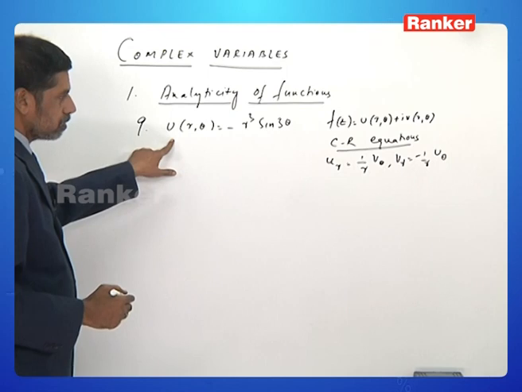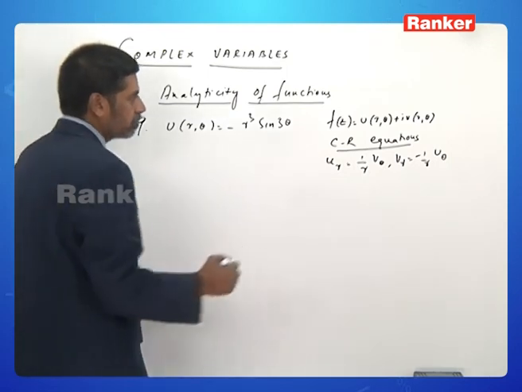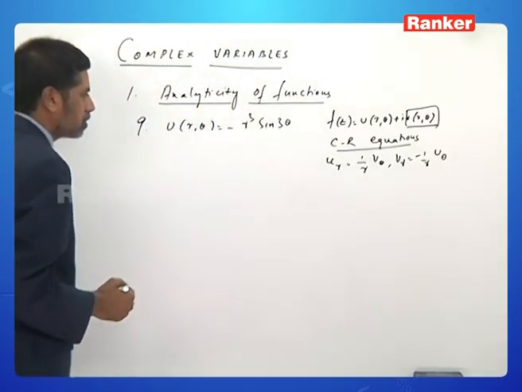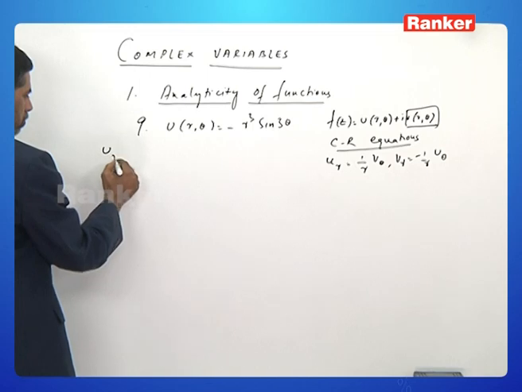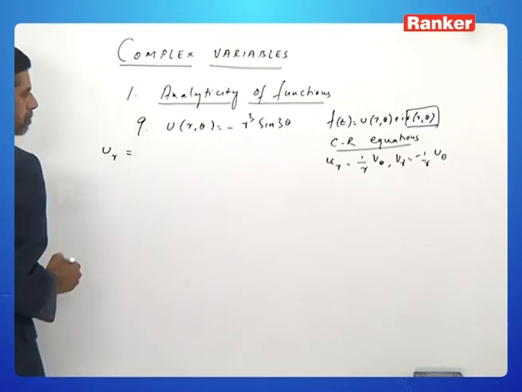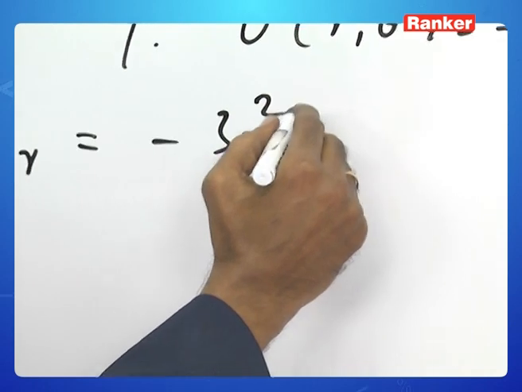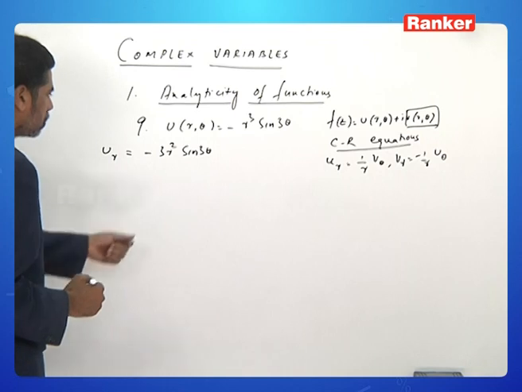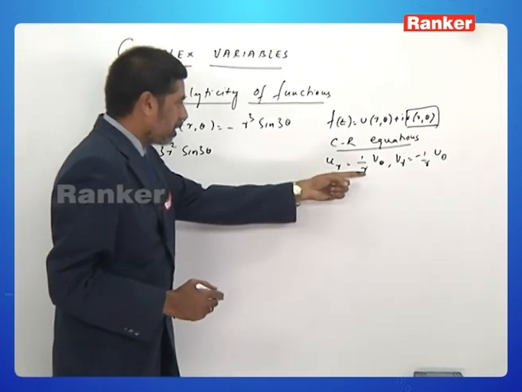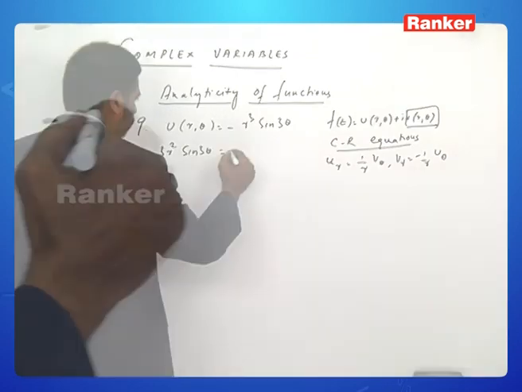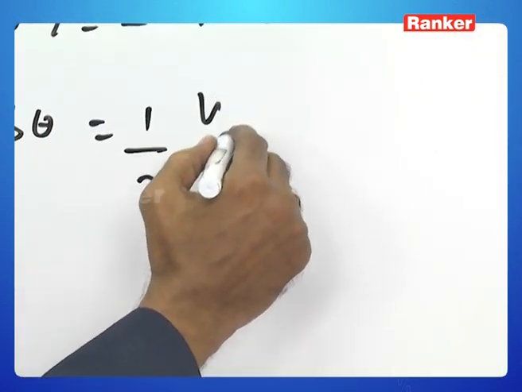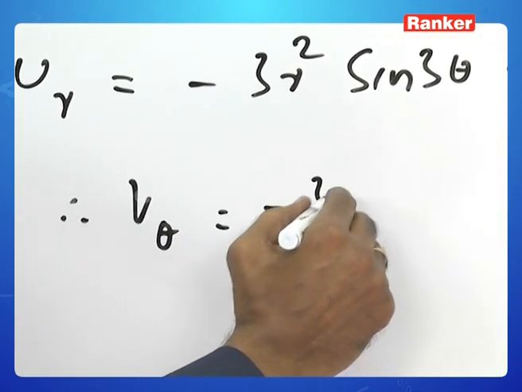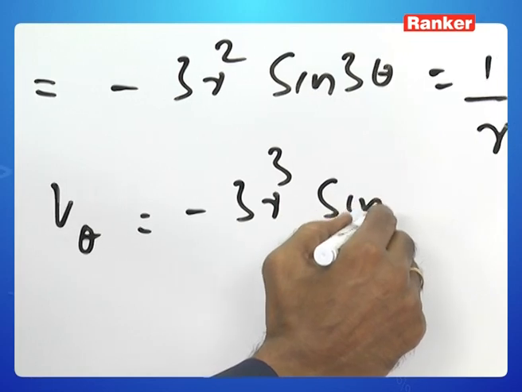U is given, we have to find out what is V. So the goal is to find V. So let's find out ur. This is minus 3r square sine 3 theta. So ur is equal to 1 by r v theta. Therefore, v theta is equal to minus 3r cube sine 3 theta.